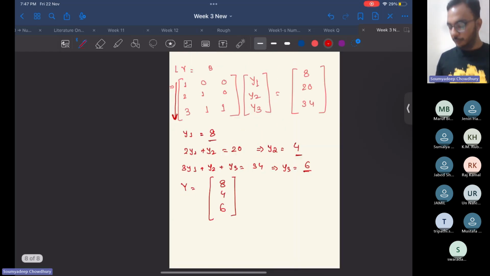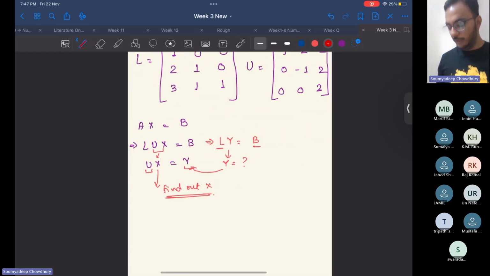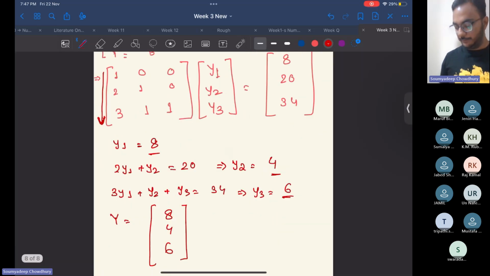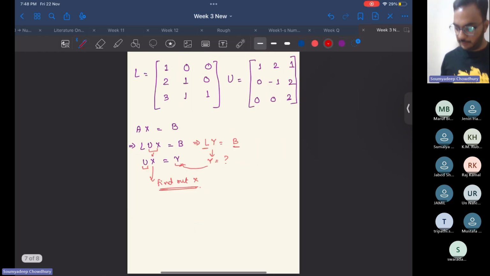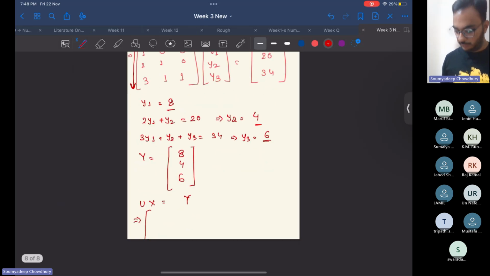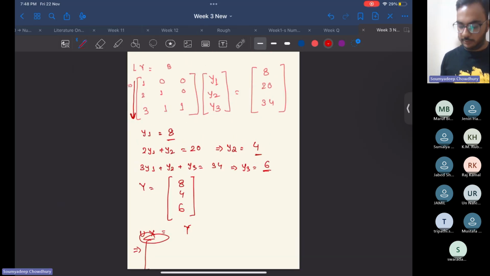So Y matrix you know, you substitute it here. UX equals Y, right? So what is U? U is the upper triangular matrix, which is 1, 2, 1; 0, minus 1, 2; 0, 0, 2. Next page we'll do.